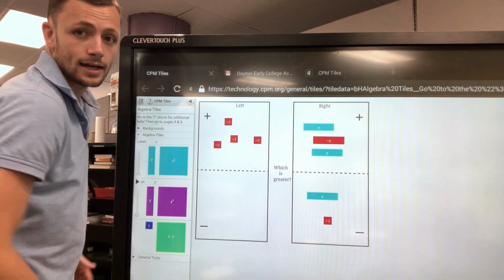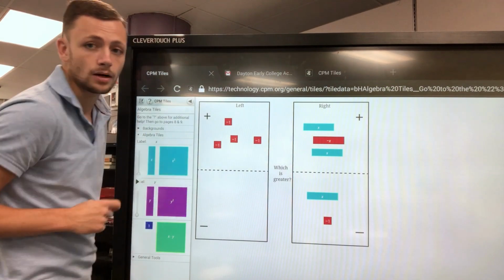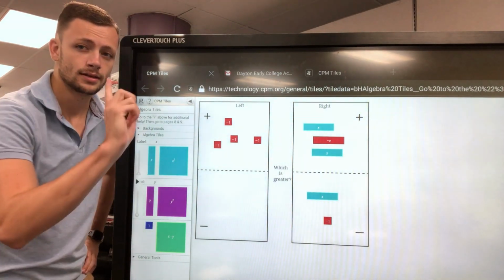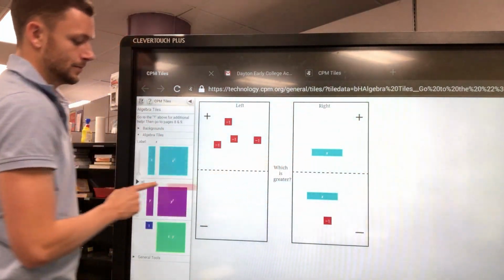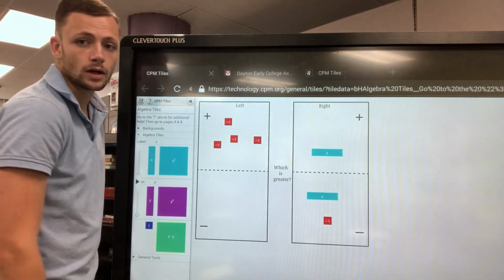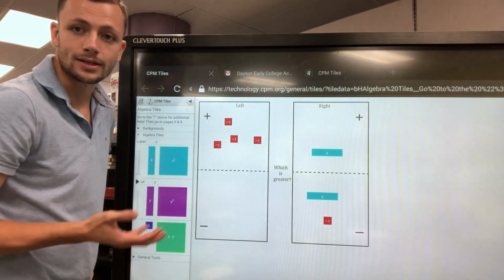Now on the right side, what I need to take a look at is I have positive X, negative X, and positive X. So 2X minus X is 1X. So I'm going to drag those away. And then if we take a look at our bottom, we have positive X and negative 1. But remember, those are in the negative region of our e-tool.